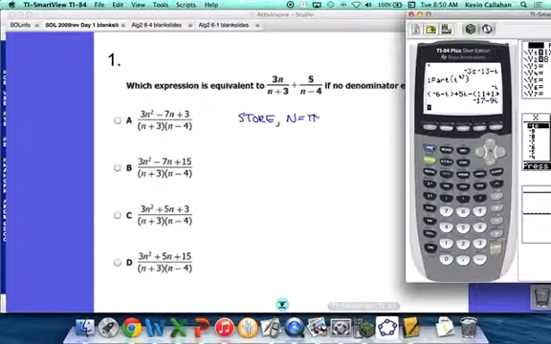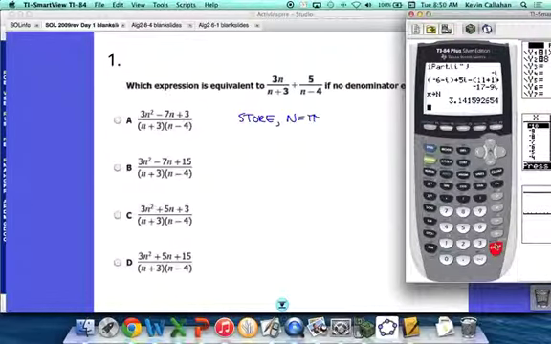First you bring up the pi, pi is on the hat, and then you hit store, S-T-O, so it looks like a right arrow. And now you can use n, n is above the log right there, so alpha n. So when you hit enter, now it understands n equals 3.14159, all of that pi.